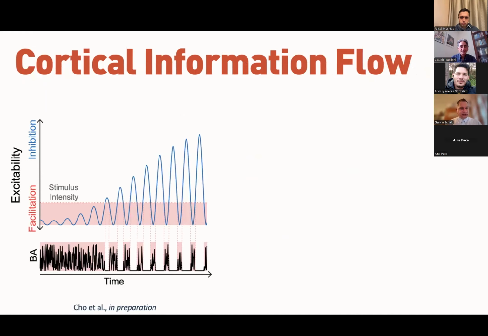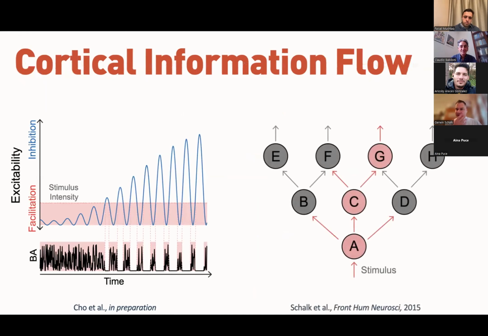And so just a few words on how the brain is actually using this. Maybe I just focus on the right side here. If you imagine different cortical areas, each labeled circle here refers to one area in the brain, and the arrows show how they are all connected.